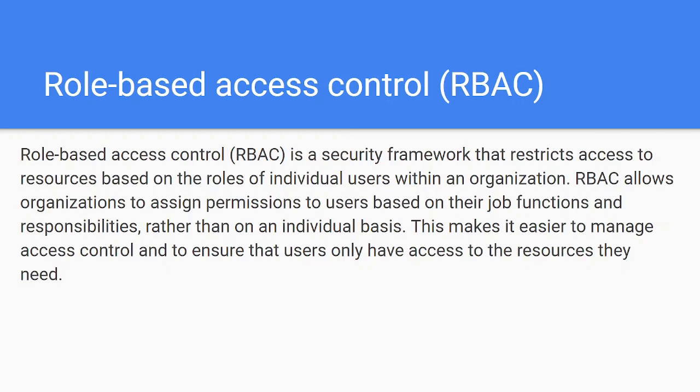Role-based access control simply means that individuals in an organization are allowed to access certain resources and perform certain actions based on their job description, based on what they have been employed to do. Let's say it's an IT firm.